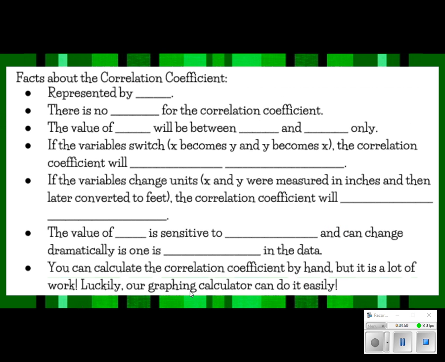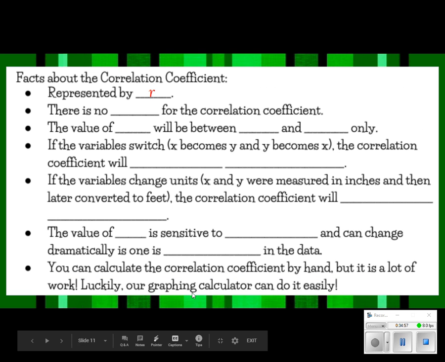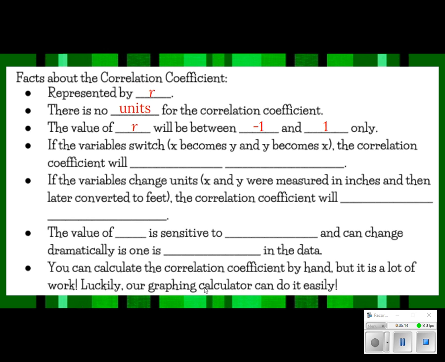And so here are some facts about correlation coefficients, represented by the little lowercase letter r. So if they ask you what your r is, they're asking for the correlation coefficient. You can also use r to represent the correlation coefficient, so you don't have to write all that out. There are no units for the correlation coefficient at all. It's just a number. The value of r will be trapped between -1 and 1.